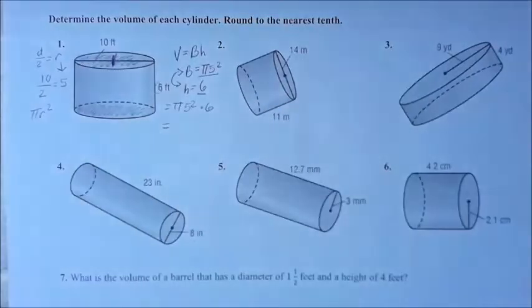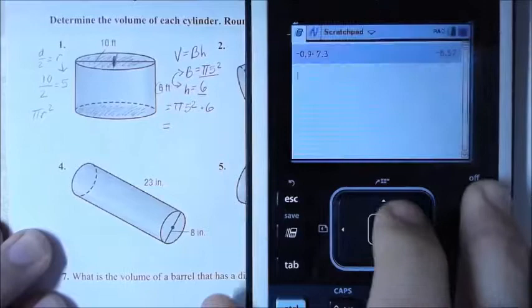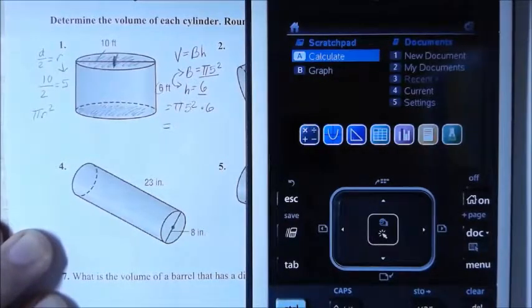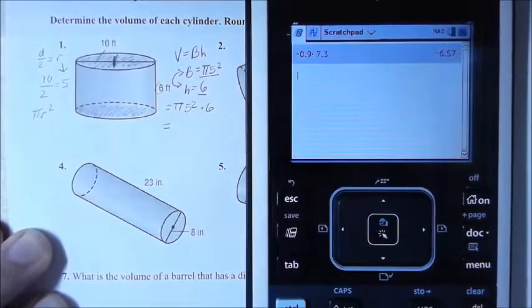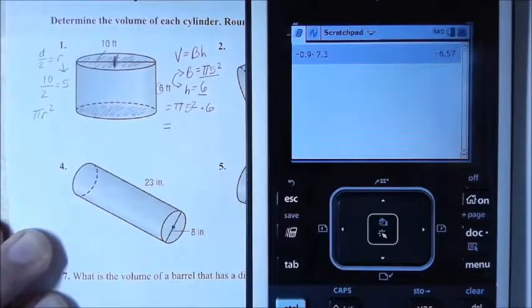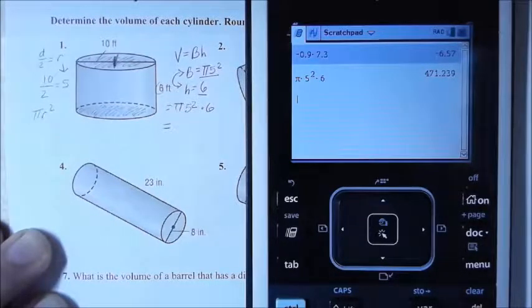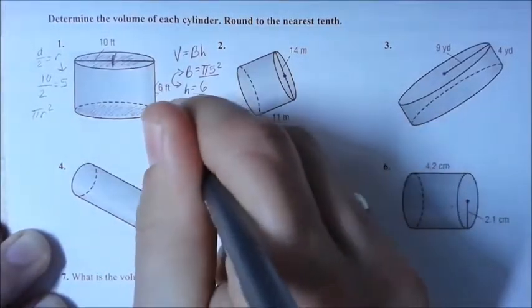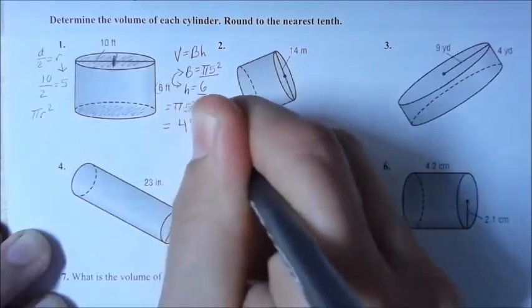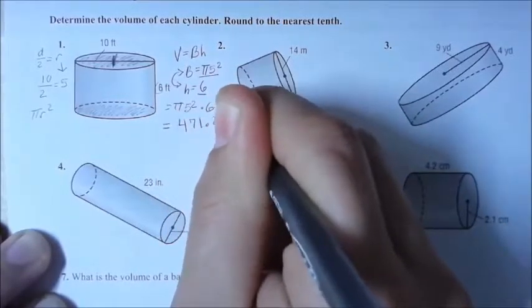And that's going to be equal to, I'm going to put in my pi, and then my 5 squared, and multiply that times 6. And that gives me 471.2. I'm going to round it to the tenths place, so 471.2 feet cubed.